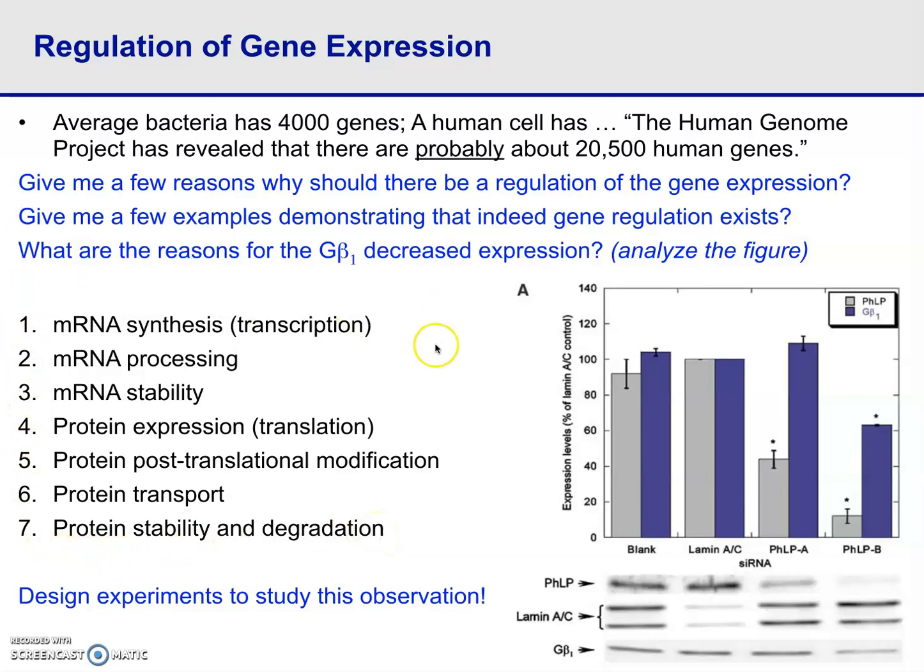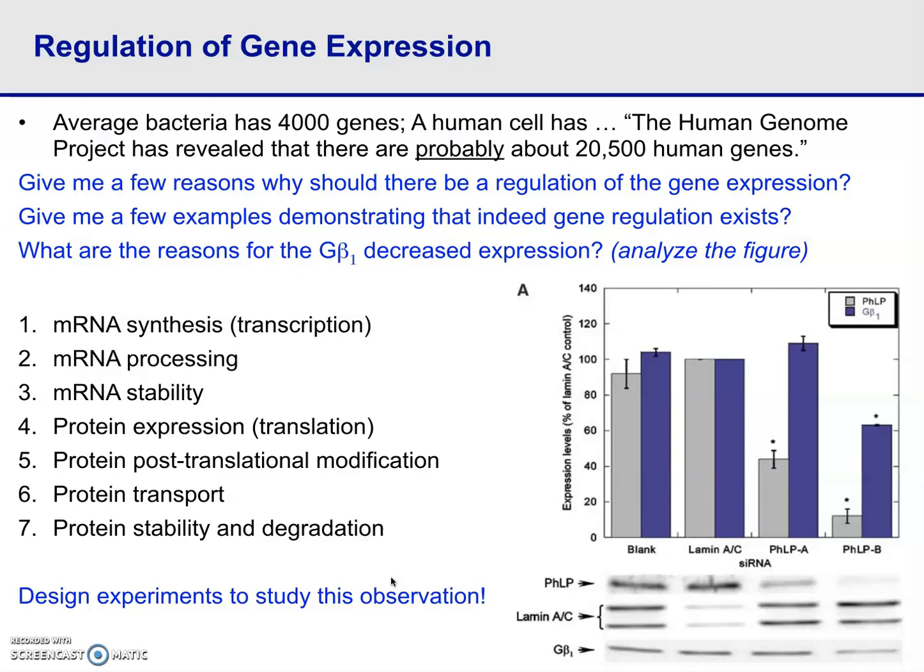These were the 7 areas we had to eliminate or study in order to find out where the problem was, or what was the reason why fusin-like protein is necessary for the proper expression of G beta 1.